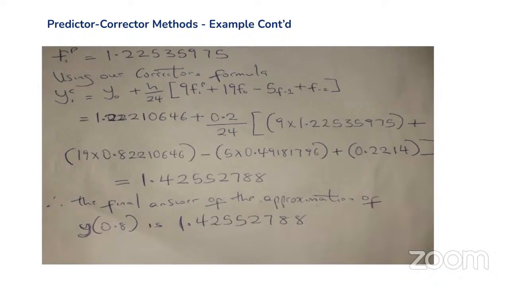So after we've inserted our step size and the values that we've gotten from our previous computations, using the predictor formula and our condition, we now have our final approximation of y when x is 0.8, which is 1.42552788.